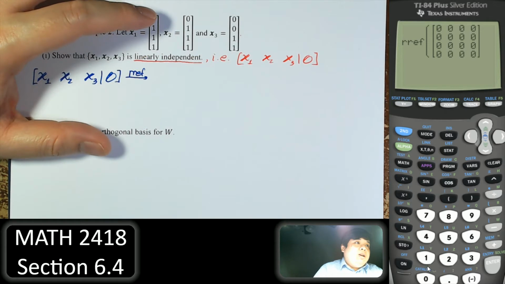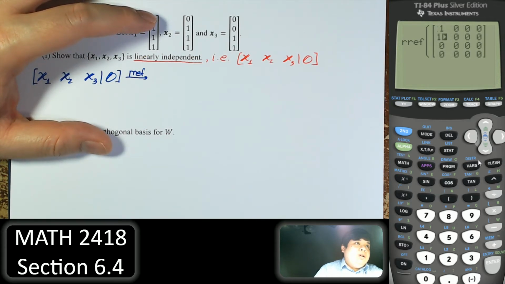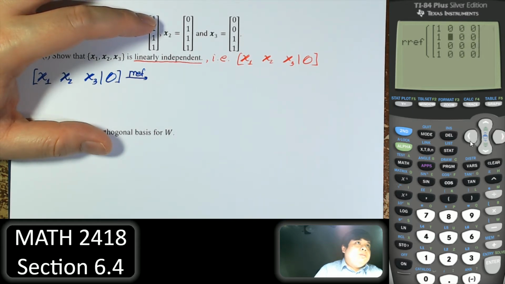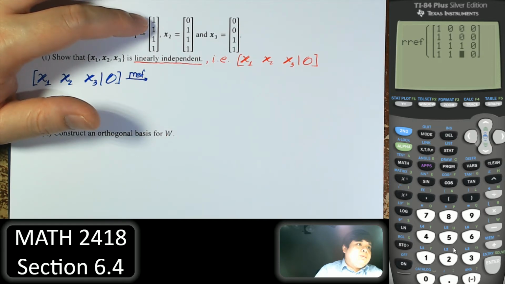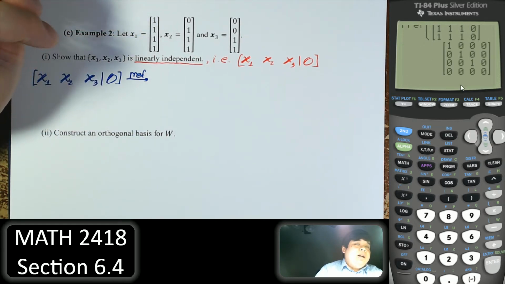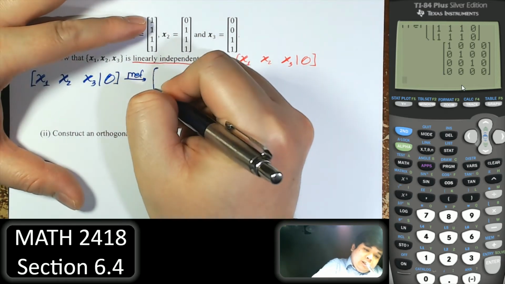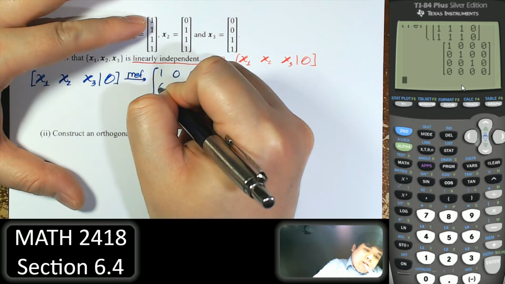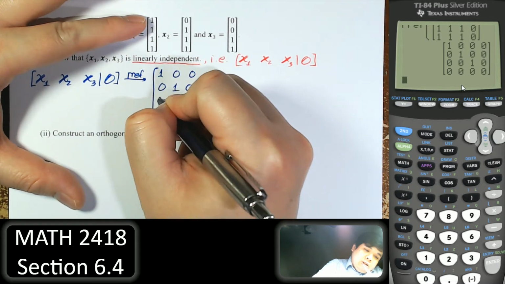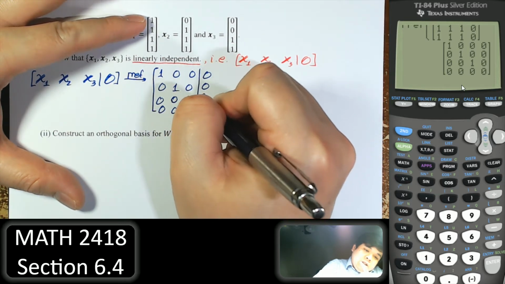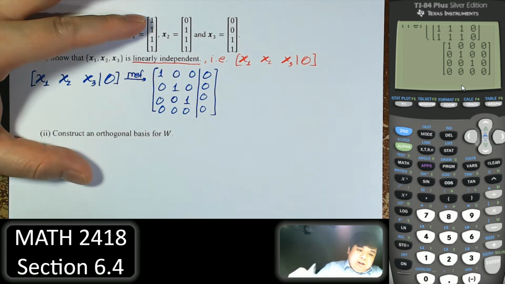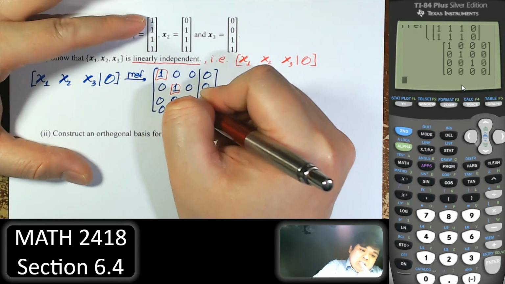Right, 1, 1, 1, 1. We do that, and that's what we have. Here we have the pivot here, here, and here. So no free variable.